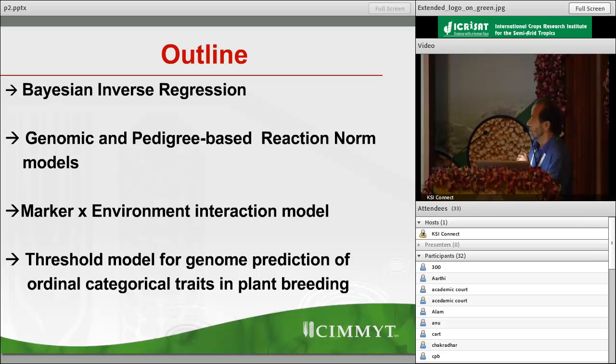Also, I'd like to explain a little bit this marker by environment interaction model, which is a new one that we have been working on, in order to see if we can have a marker effect which might be overall across all the environments and very specific to some environments.